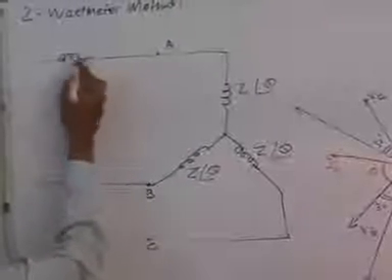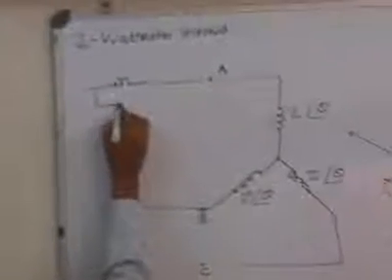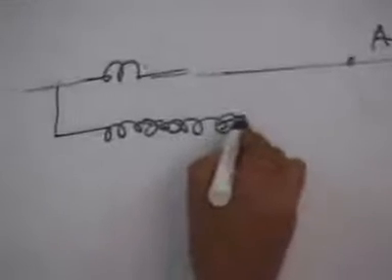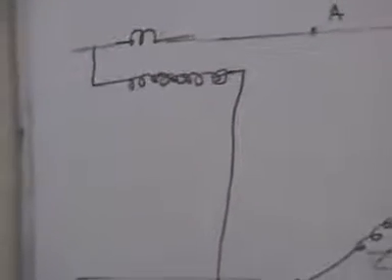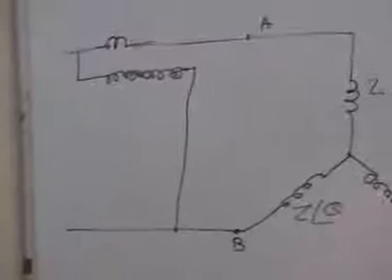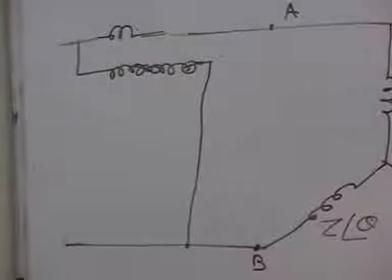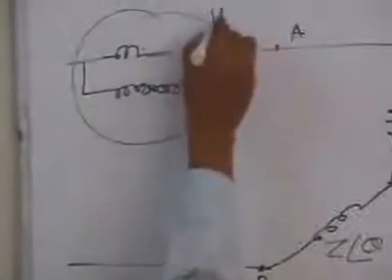The current coil is normally represented by a short coil and the potential coil is represented by a long coil, because ideally the potential coil has infinite resistance and the current coil has zero resistance. So this is wattmeter number 1, the top one, W1.